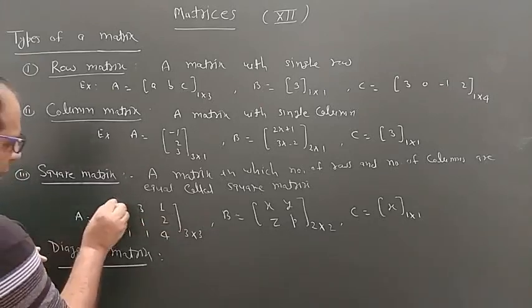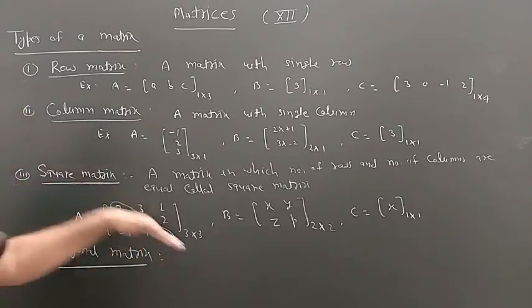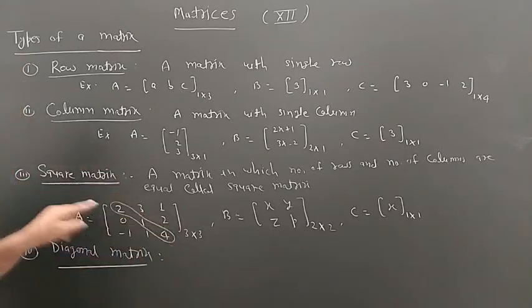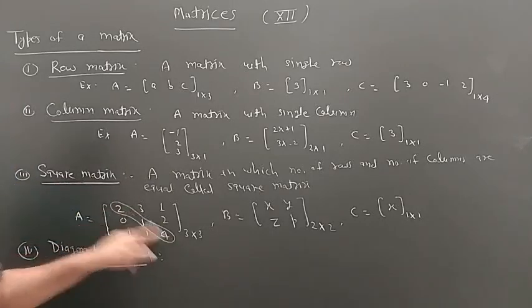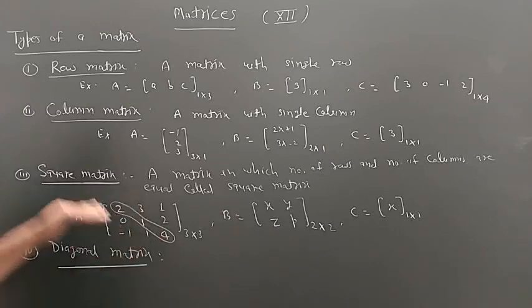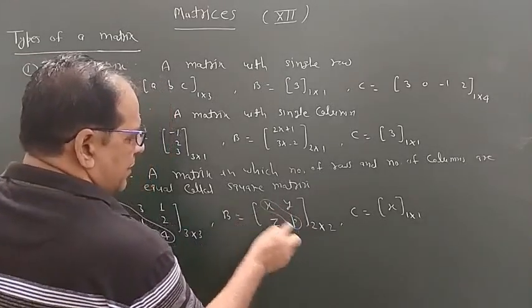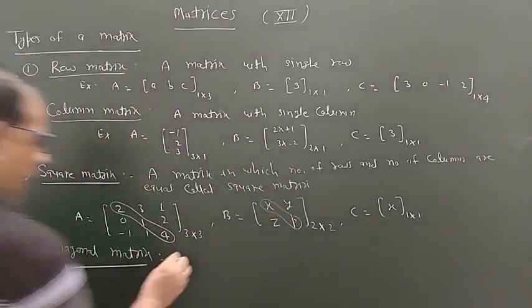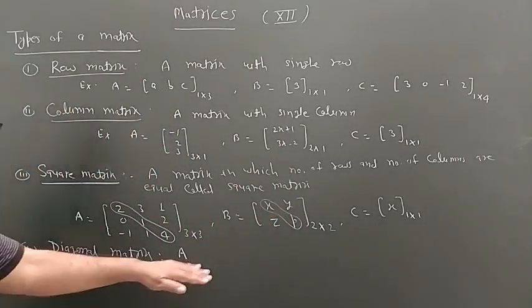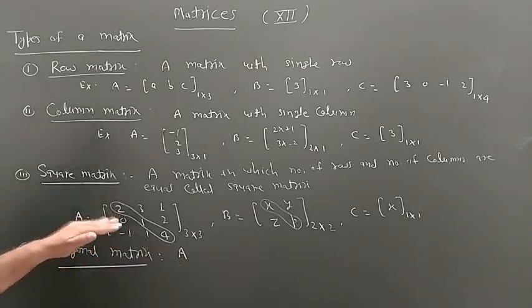So this is called the principal diagonal of the square matrix. 2, 1, 4 are the elements of the principal diagonal. Similarly, in this example, x and p are the elements of the principal diagonal. Similarly, x is there. So a diagonal matrix must be a square matrix. This is compulsory. If a matrix is a diagonal matrix, it should compulsorily be a square matrix.